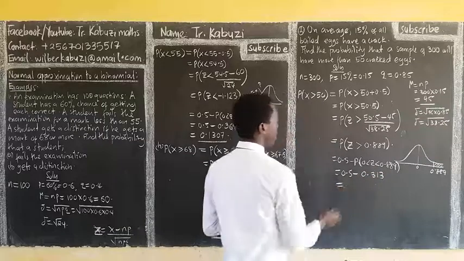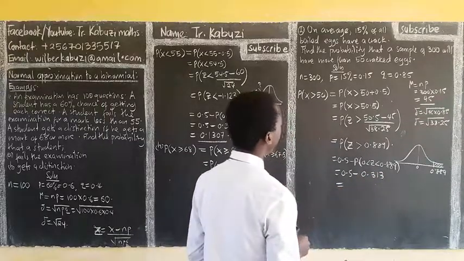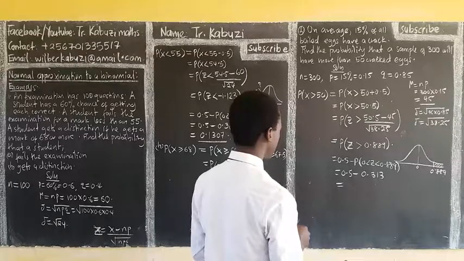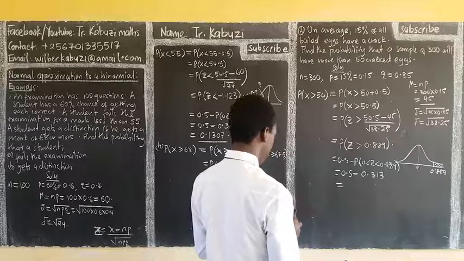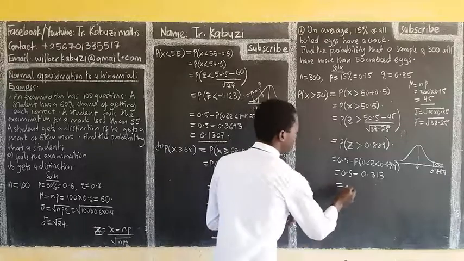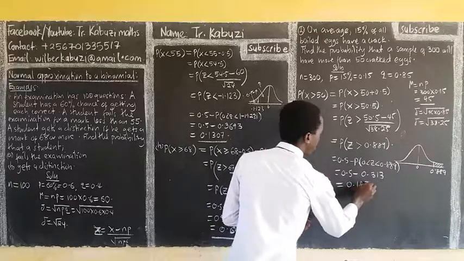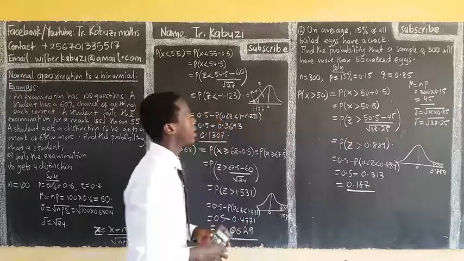If you subtract that, we shall get 0.187. That's how we have it.